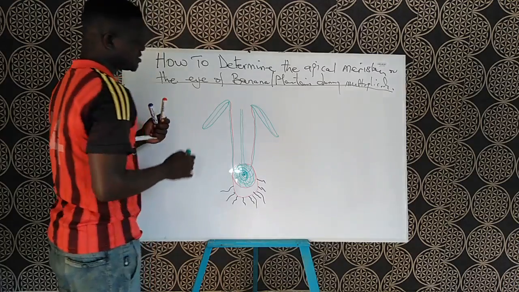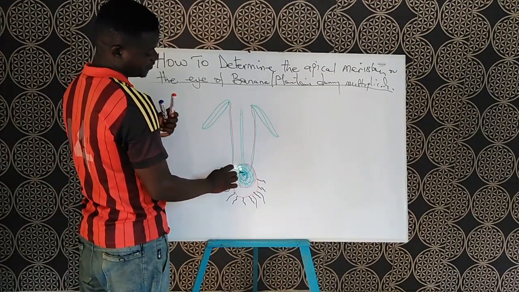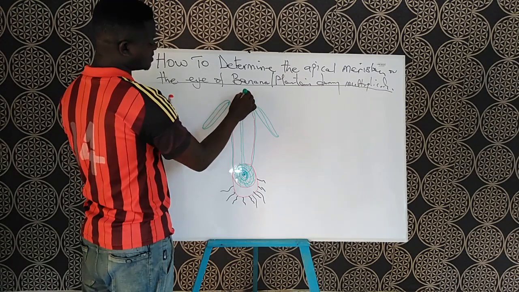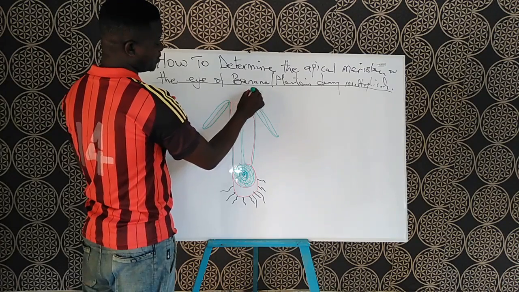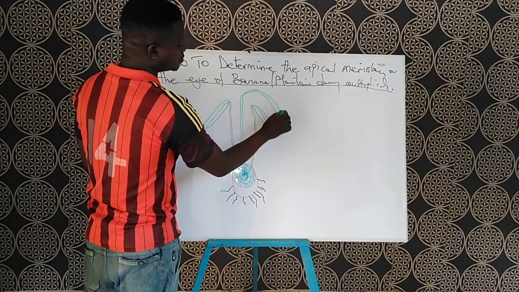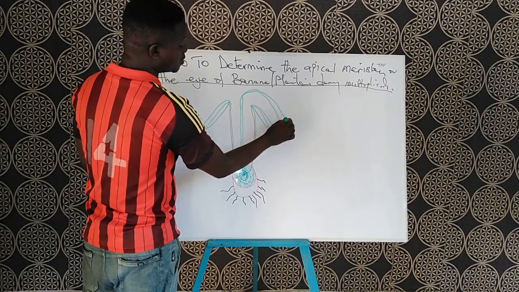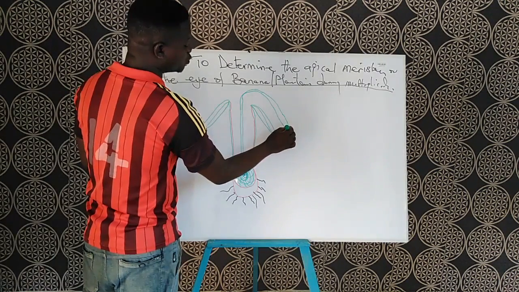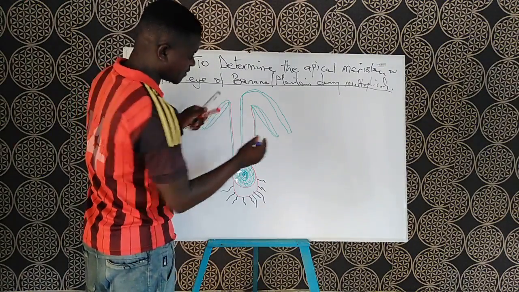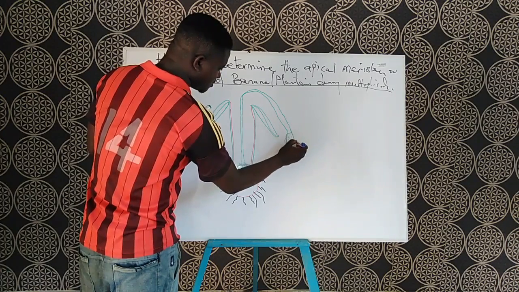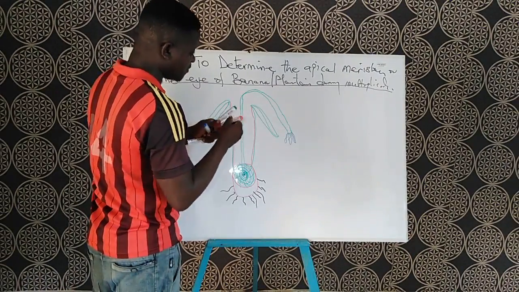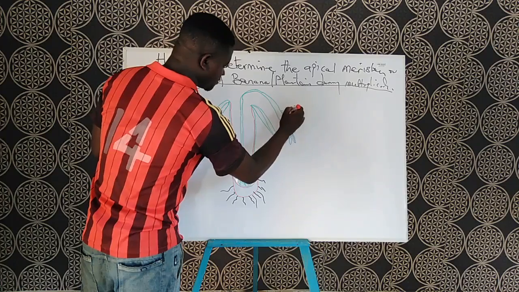At a point in time, the apical meristem or the true stem will grow to a certain level, then it starts to develop into the stalk. The flower formation will also be there. This is the fruit, but you see that the flower will be formed. Then the fruit branches will also start forming.